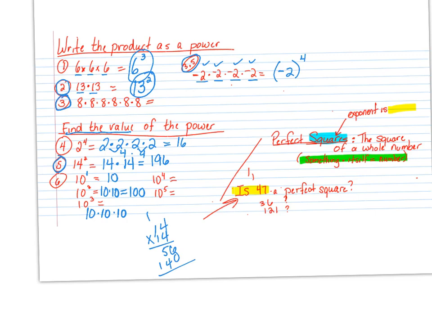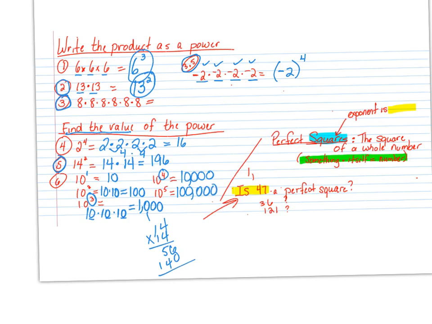The easy way to get this answer, write down the 1 and put however many zeros you have on there, which is 3, and that's the same as the exponent. So that's really 1,000. So if I look at 10 to the 4th power, all I do is put a 1 and 4 zeros. 1, 2, 3, 4, and I get 10,000. 10 to the 5th would be a 1 with 5 zeros.